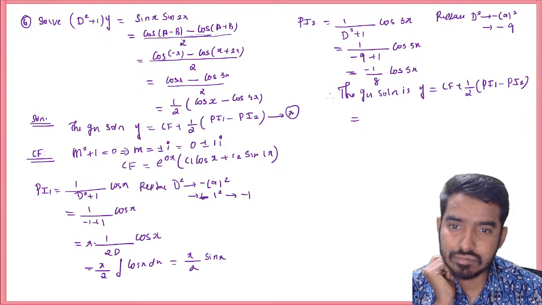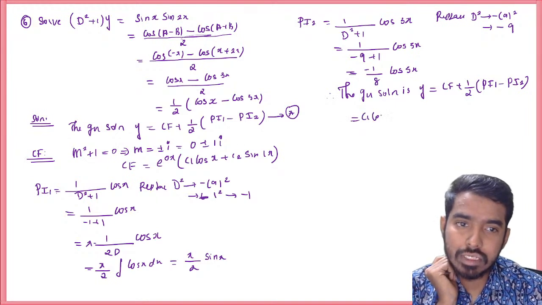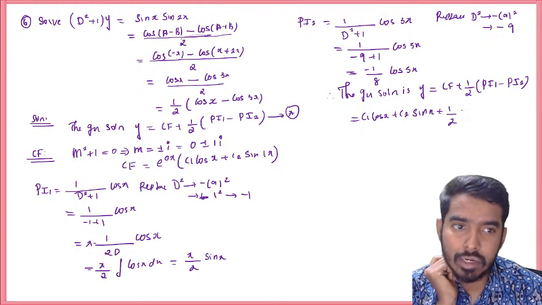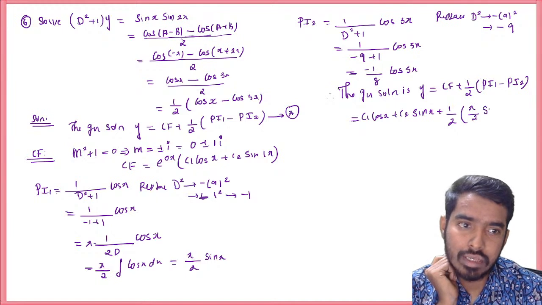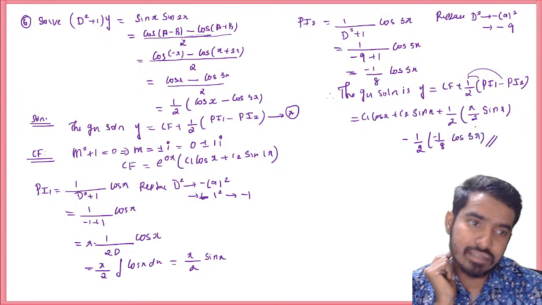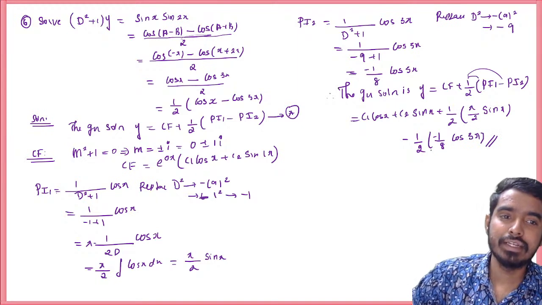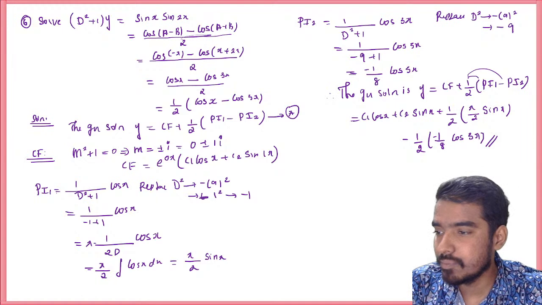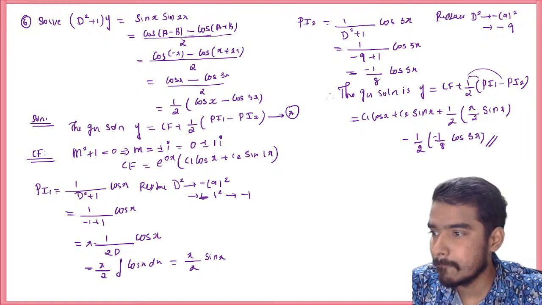CF is this: C1 cos x plus C2 sin x plus 1 by 2 of pi1. So 1 by 2 of pi1 is x by 2 sin x, minus 1 by 2 of pi2 is minus 1 by 8 cos 3x, right? If you want, you can multiply this 4 inside, multiply this 2 inside, so that you will have the general solution, right? Okay.